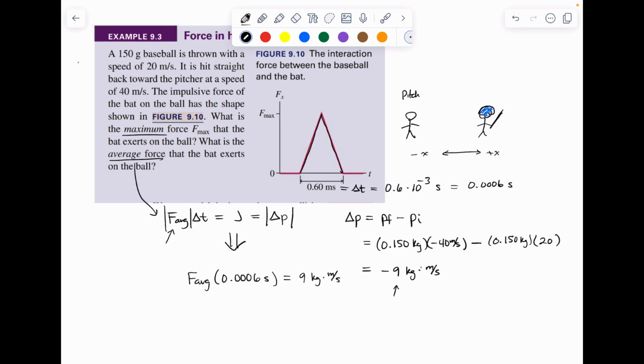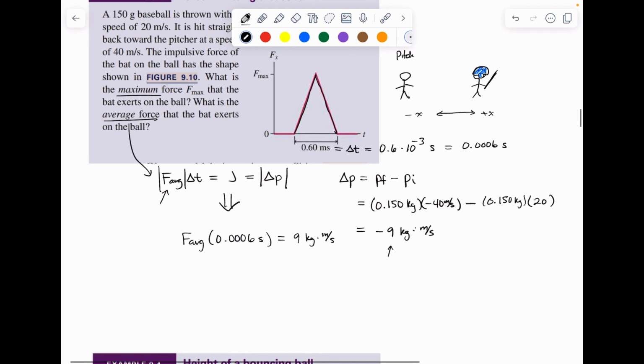Notice how the units actually match up here. So what is the average force? It's going to be 9 divided by 0.0006. That's 1.5 times 10 to the fourth, so that's 1.5 times 10 to the fourth newtons. So that's the average force.